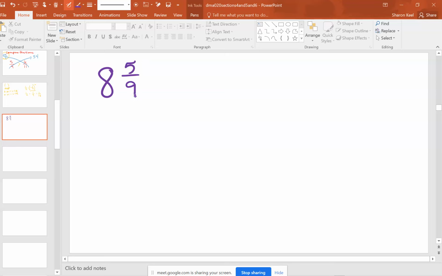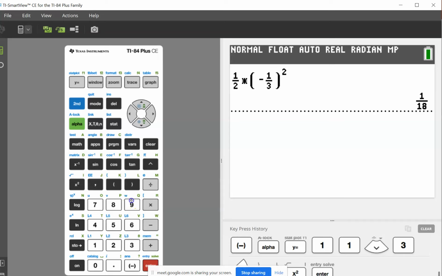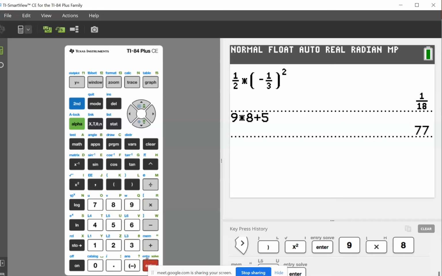If I want to convert this to an improper fraction, I'm going to begin with the 9 and multiply 9 times 8, and then we're going to add the numerator 5. The denominator is going to stay the 9, okay? So 9 times 8 is 72, and 72 plus 5 is 77. 9 times 8 plus 5 gives us 77.